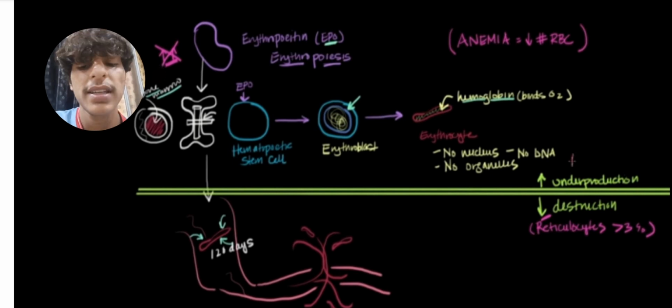Basically hemoglobin is a protein which binds oxygen and helps oxygen to transfer in our body, so hemoglobin is very important. This was the normal physiology.